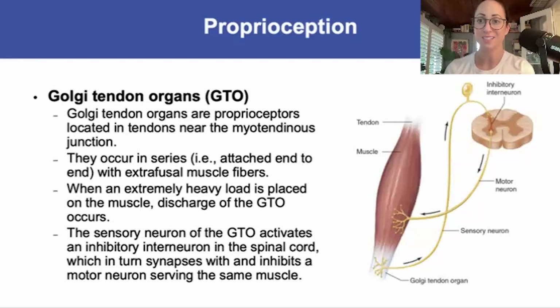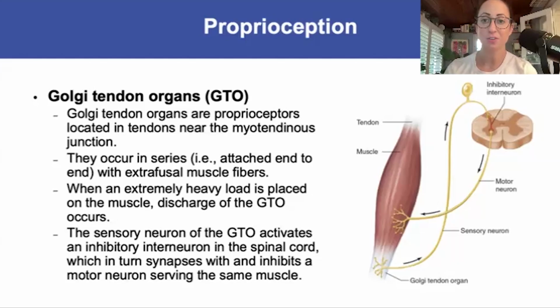Muscle spindle is excited and wants the muscle to contract. GTO is inhibitory and wants the muscle to relax. The GTO is located in the tendons near the myotendinous junction, or where the muscle and tendon kind of come together. And just like the muscle spindle, the GTO is a proprioceptor, or a sensory organ too.